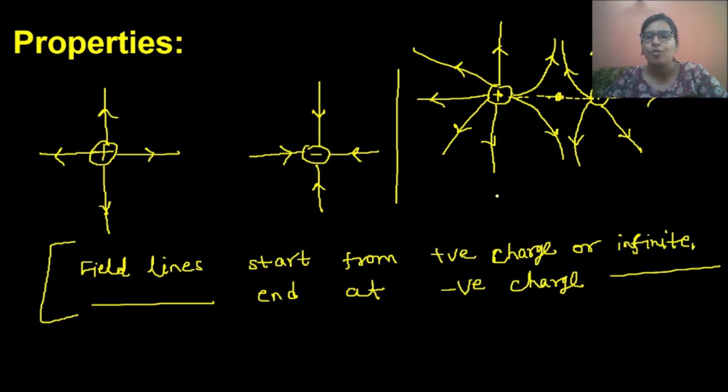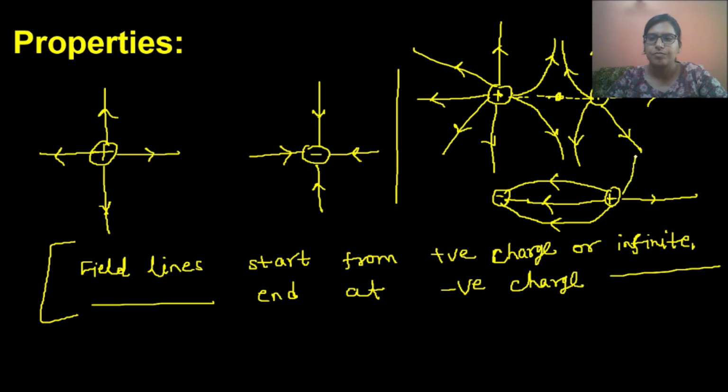Similarly, we can draw for a positive charge and a negative charge. So the electric field will start from the positive and end at the negative. In this direction also, it will be like a curve.